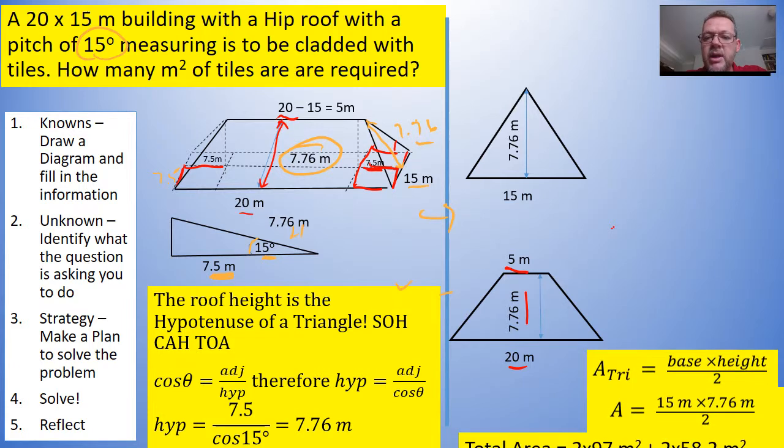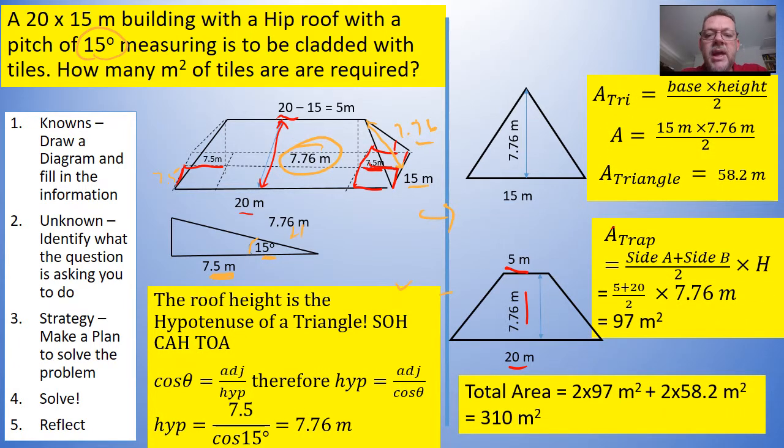So let's do the calculations now. The area of a triangle equals the base times height over 2, which is the base of 15 multiplied by the height of 7.76 divided by 2, and that is 58.2 square meters. For the area of the trapezium, it's the average of these two sides. Add those two together and divide: 20 plus 5 is 25, so it's really 12.5.